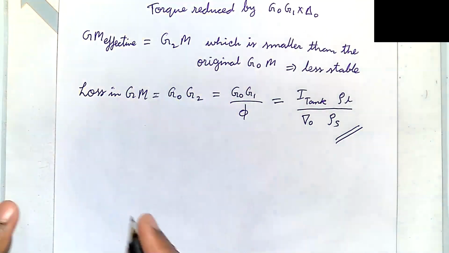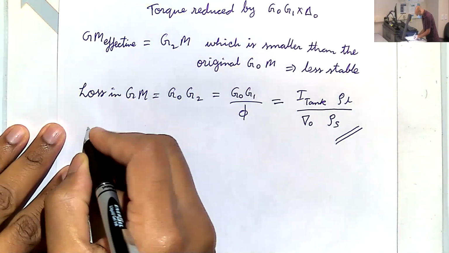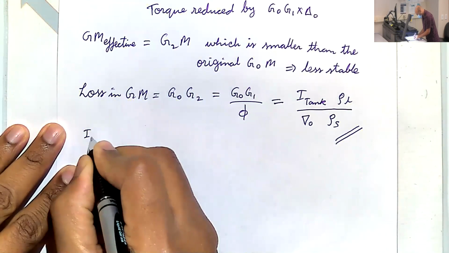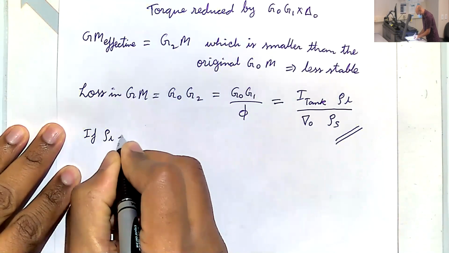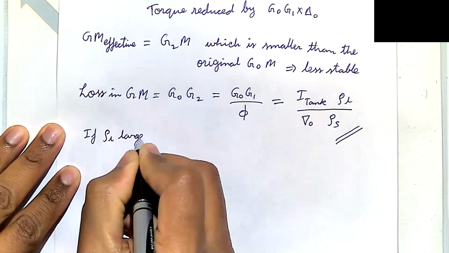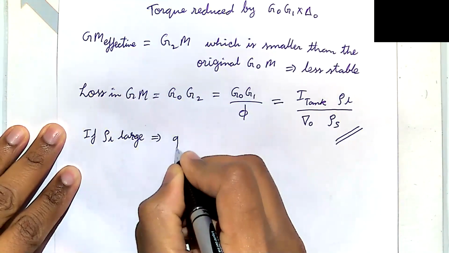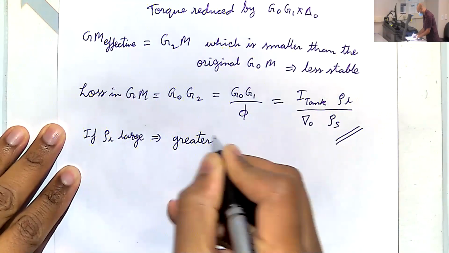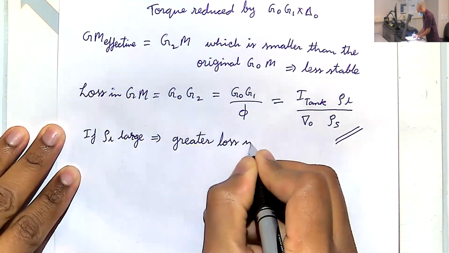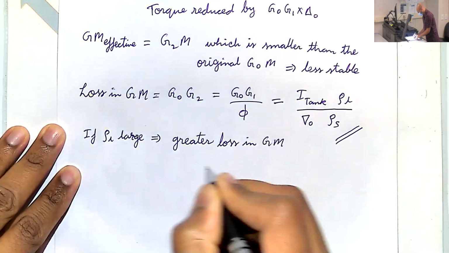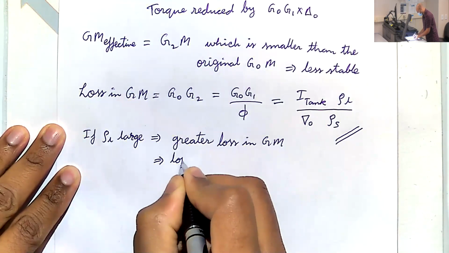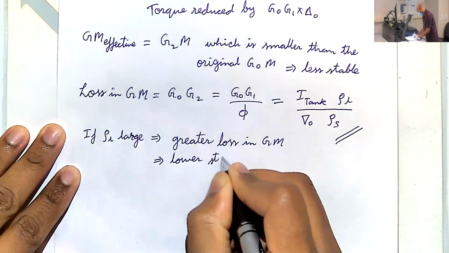Okay, so just before that, writing two things. If rho L is large, this means greater loss in GM. Lower stability.